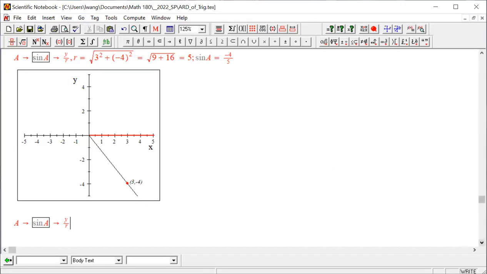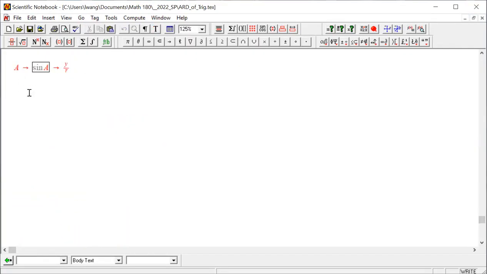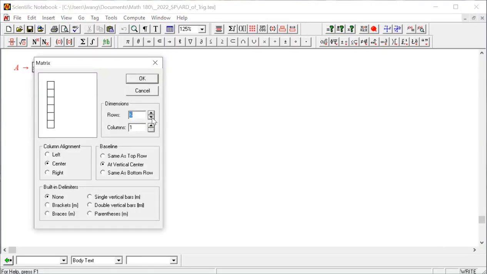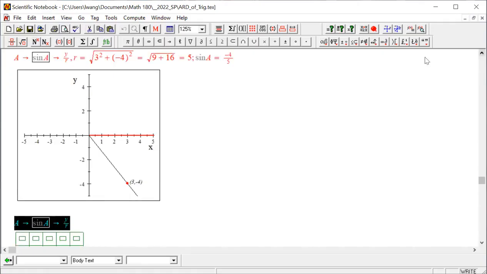With that definition, I'm going to summarize for you. Let's look at the 4 cases. I'm going to have so many rows. The same rule applies, and we measure all the angles.